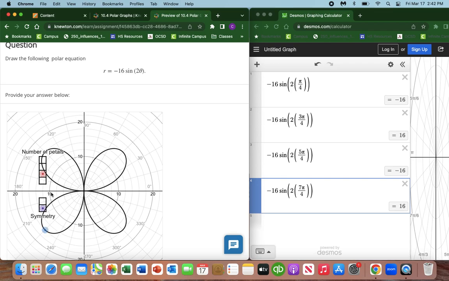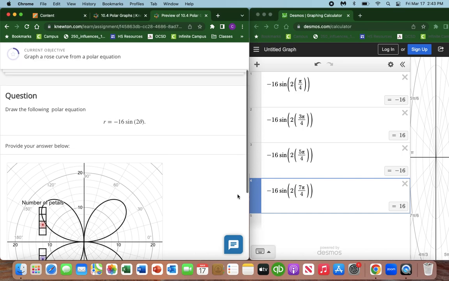If I go to 3 pi over 4, it's right here, I get positive 16, that's that coordinate. If I go to 5 pi over 4, which is this spot here, I should get negative 16, which I do. And then 7 pi over 4 should be 16. So I have my rose curve.